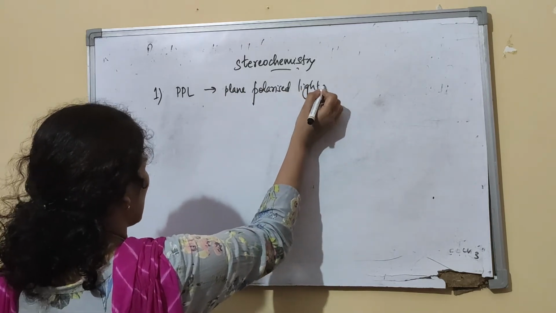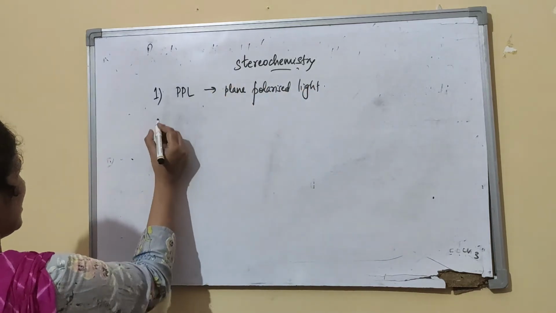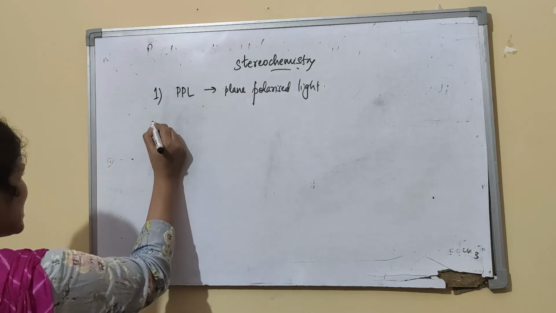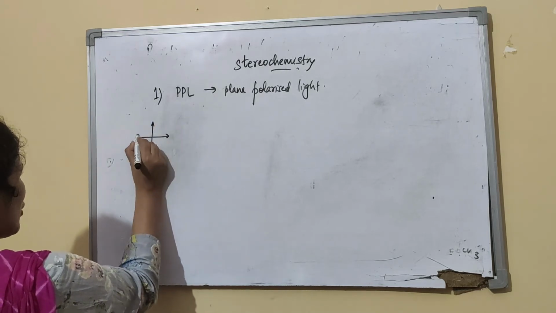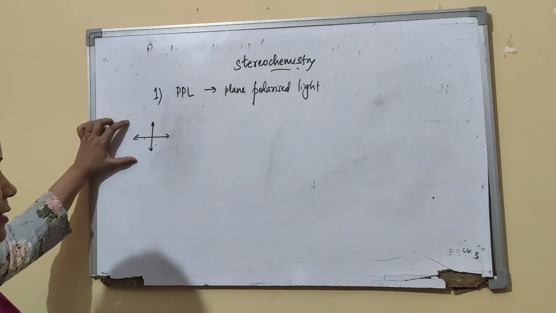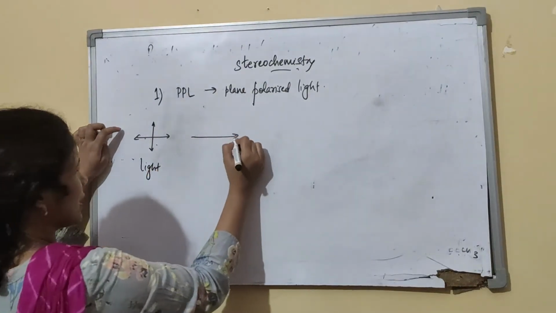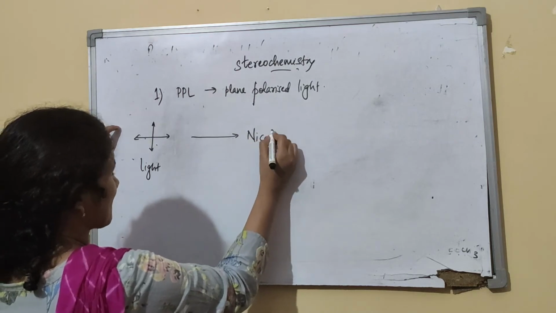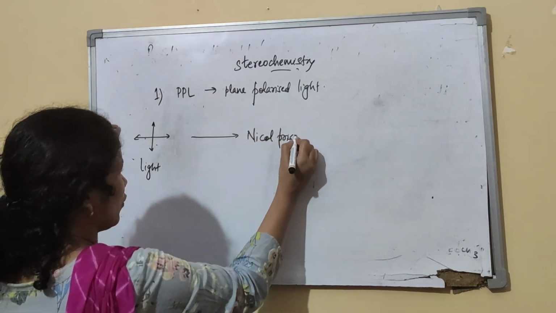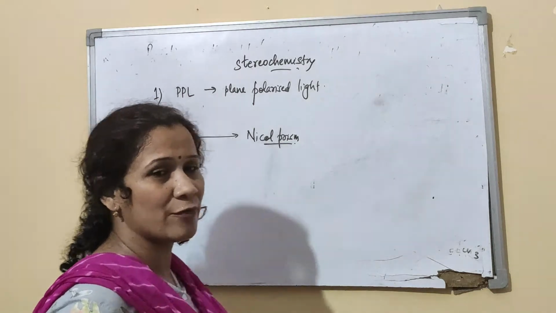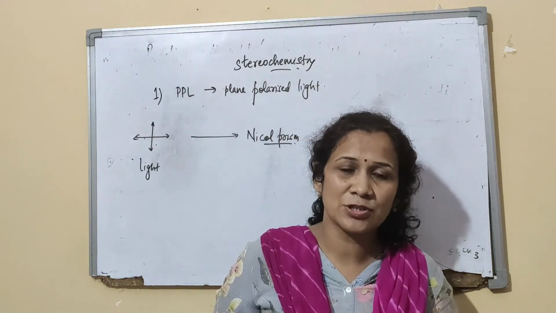How do we get PPL? For getting PPL, the normal light, having transverse waves and longitudinal waves both, is passed through a Nicol prism. Nicol prism is made up of calcite ore, that is calcium carbonate.